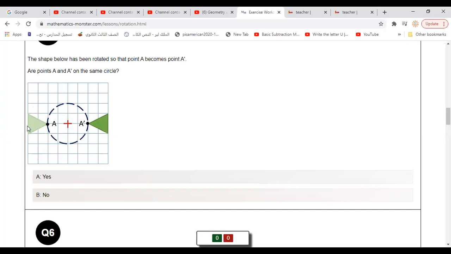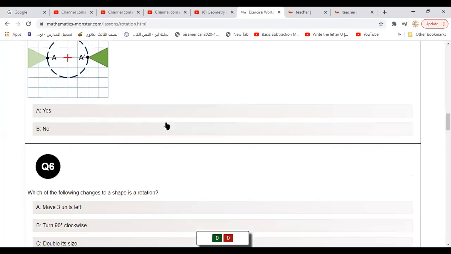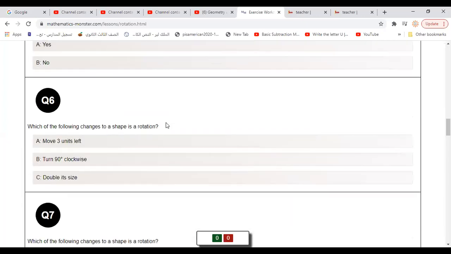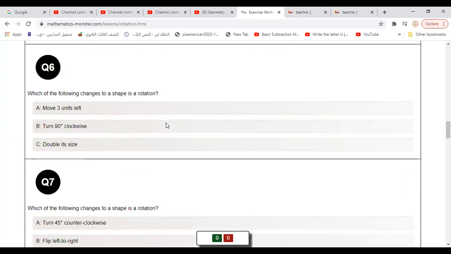Then, when you have the figure and you are going to rotate the figure, if you draw a circle, you will find that each point belongs to the same circle as its image. Next, which of the following changes the shape in a rotation? Turn, 90 degrees clockwise, B. Very good.